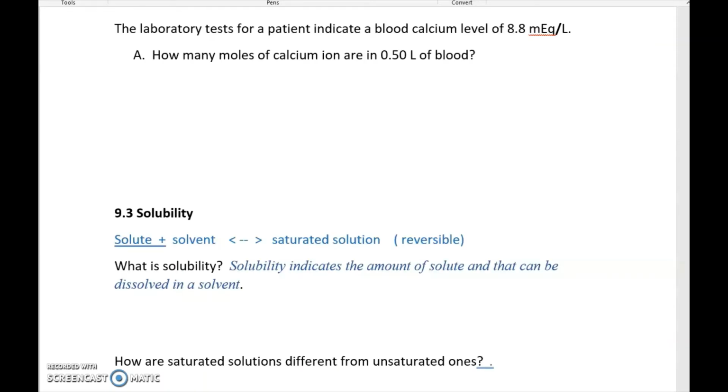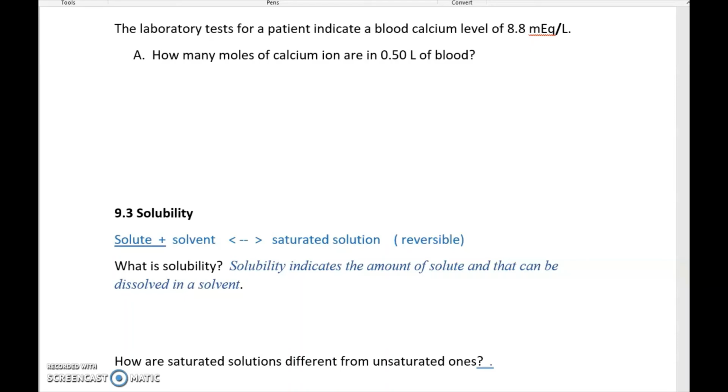So let's take a look at this problem. Laboratory tests for a patient indicate a blood calcium level of 8.8 milliequivalents per liter. How many moles of calcium are in half a liter of blood?